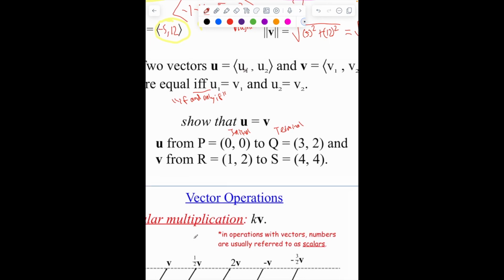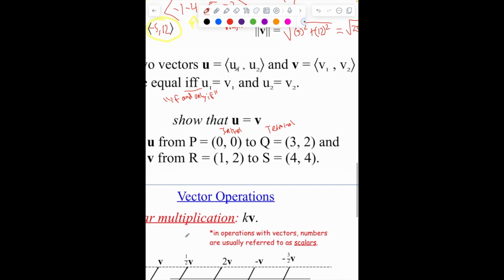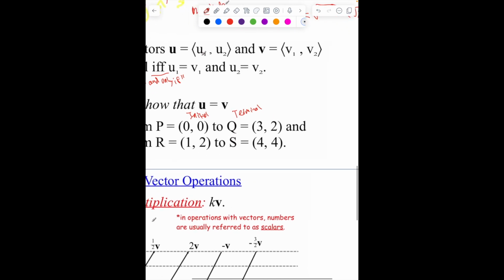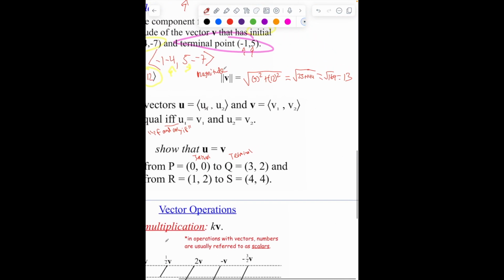As I'm going through, I'm going to determine first what my component form is for u. That's going to be 3 minus 0, 2 minus 0. Whenever it's in standard position, that is pretty useful. Makes our lives a little bit easier.